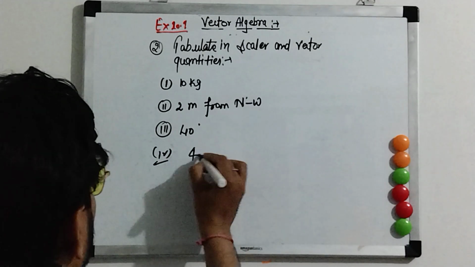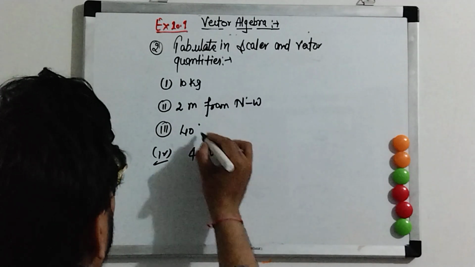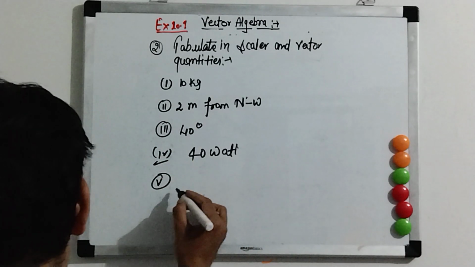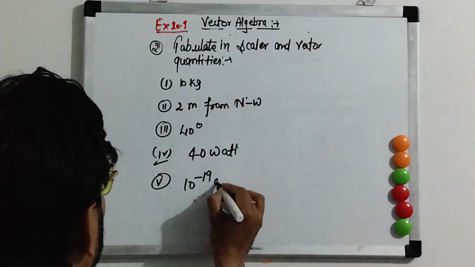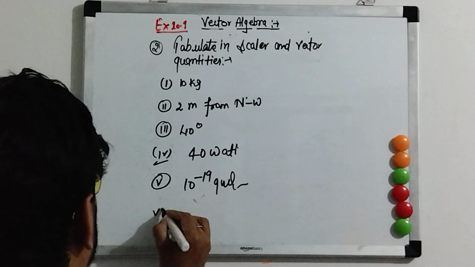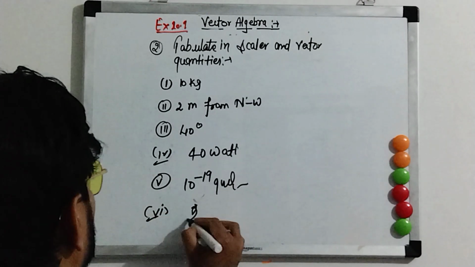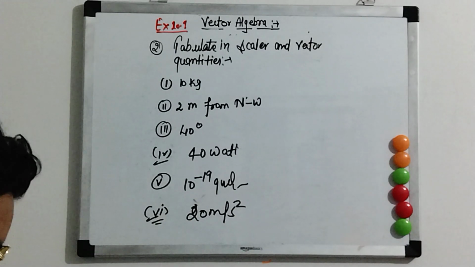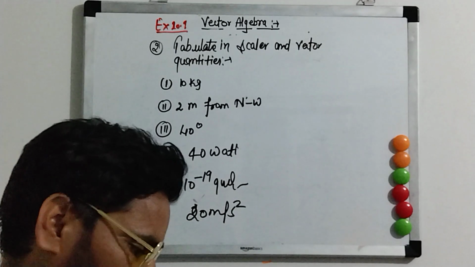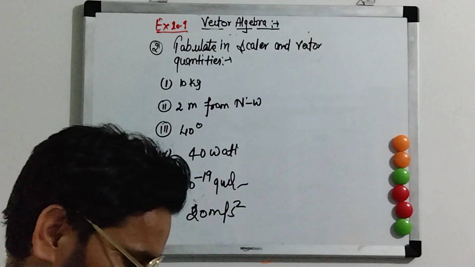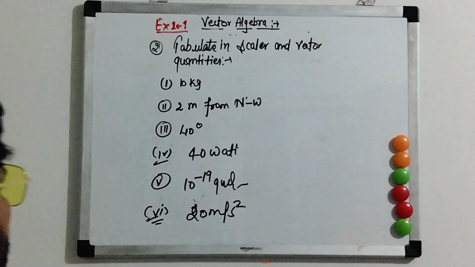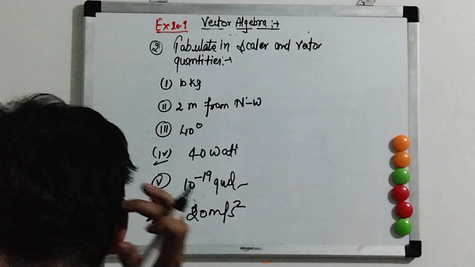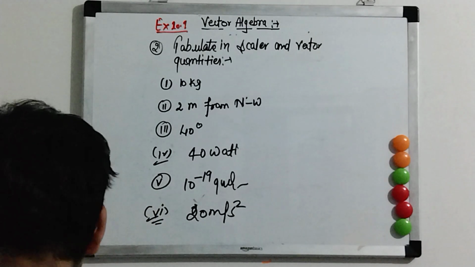Fifth, 40 watt. Fifth, 10 to the power minus 19 coulomb. Sixth, 20 meter per second square. Okay, these are the measurements by which we have to give the scalar quantities and the vector quantities. Understand?